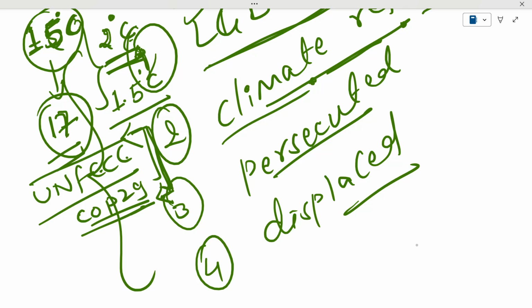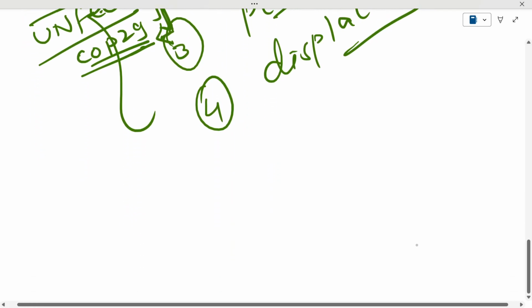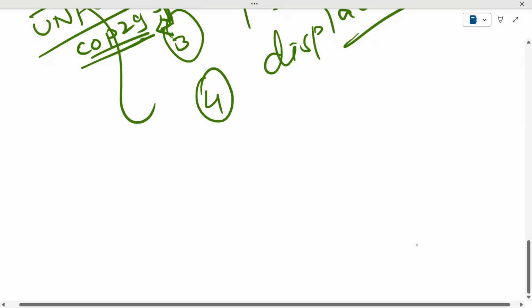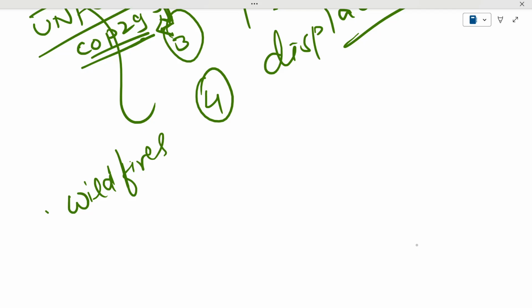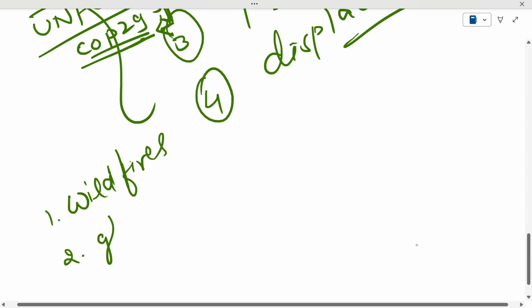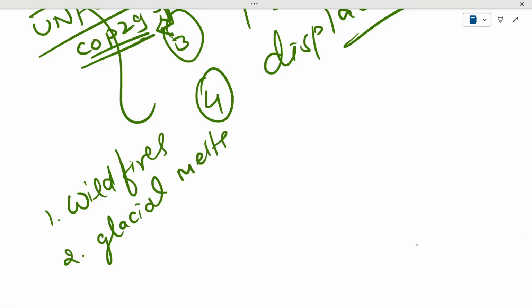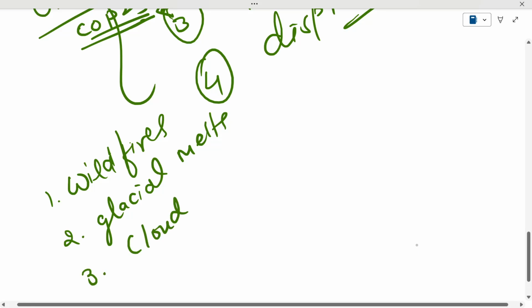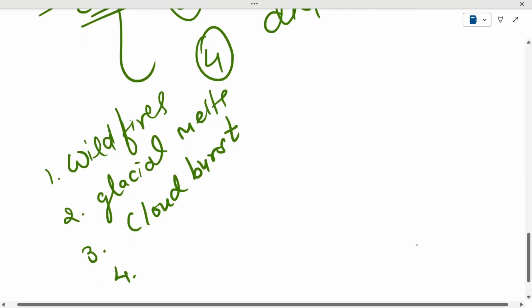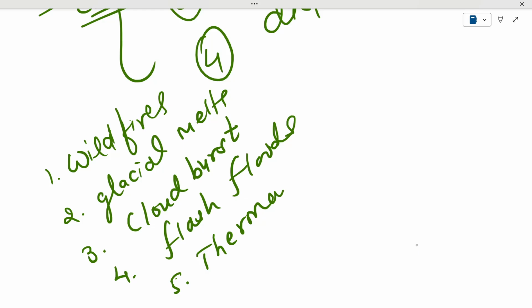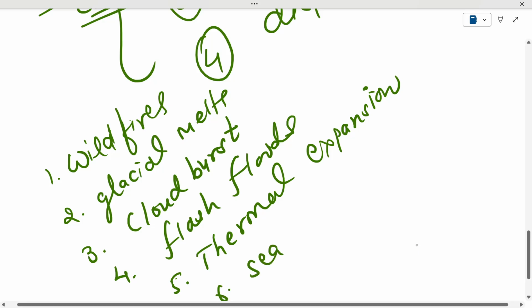The climate became unpredictable, and some areas faced climate change issues, such as wildfire, glacial melts, cloudburst, flash floods, thermal expansion, and sea level rise.